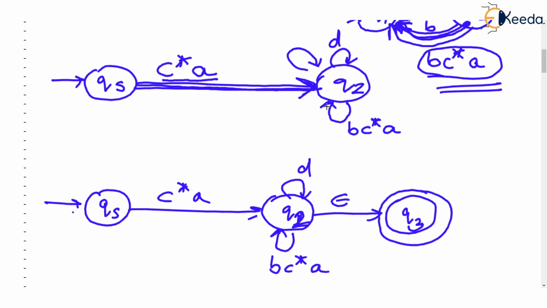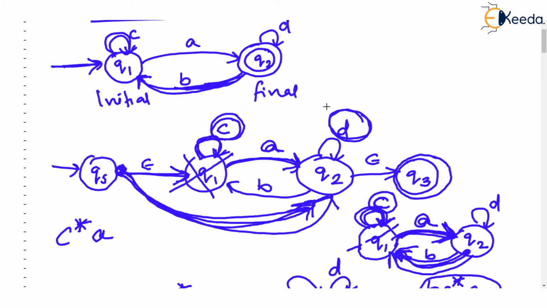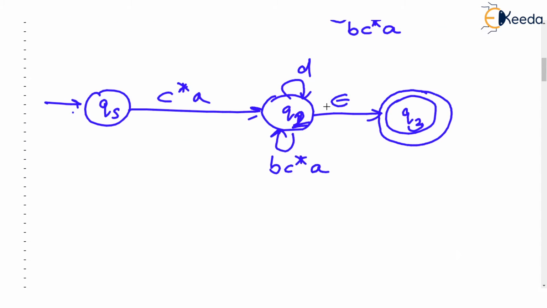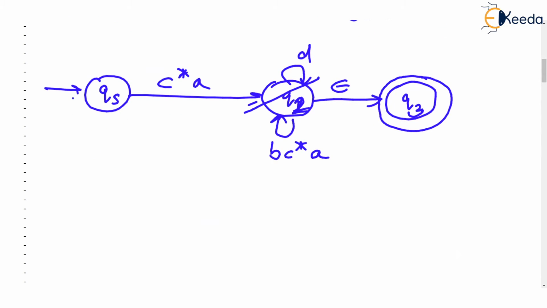Sorry, this state is Q2. We have eliminated Q1, so Q2 is still there and Q3 is still there. Okay, time to delete Q2, because after all we want only QS to Q3.